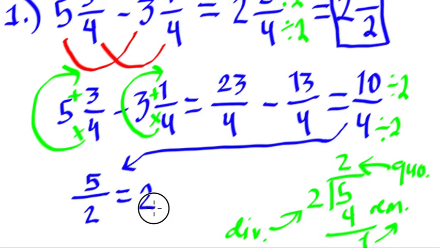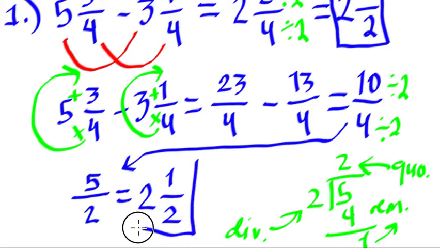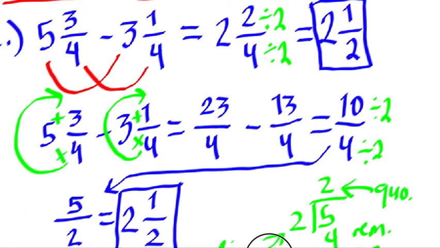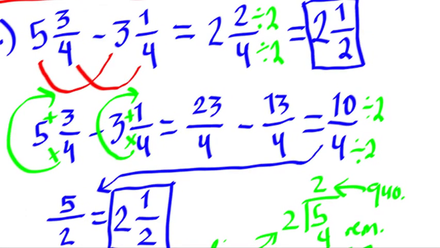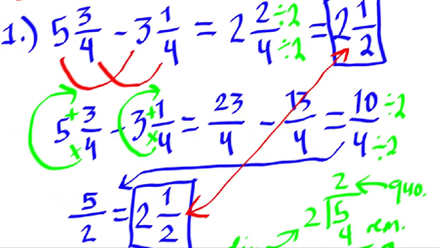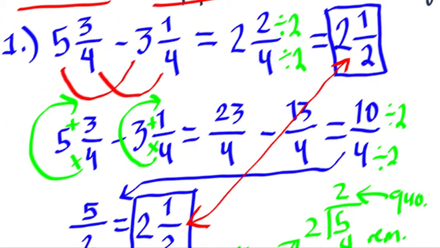The quotient is the whole number, the remainder is our numerator, and the divisor is our denominator. And it's pretty much the same answer over here. So the two methods work, as we can see, because using the two methods we arrive at the same exact answer. So that's it for number one, using the two methods.